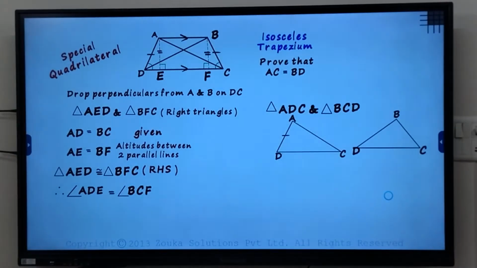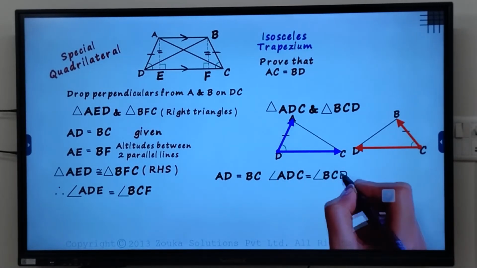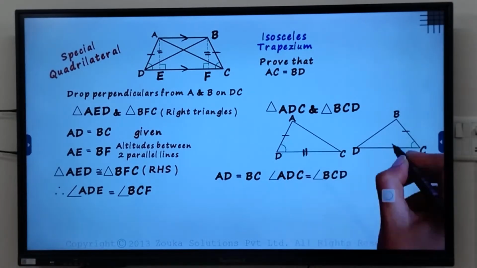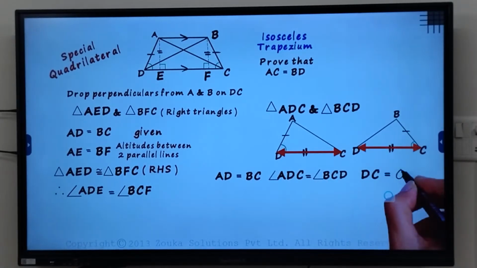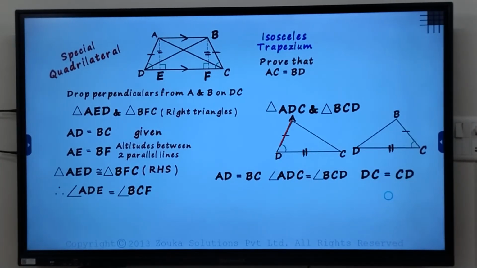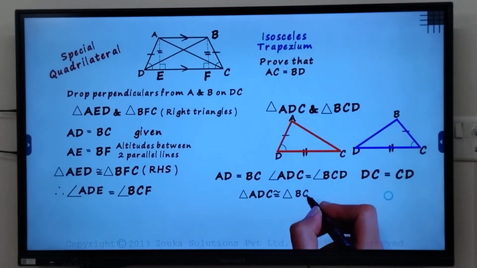Side AD is equal to side BC, so we write AD is equal to BC. This angle is equal to this angle. Angle ADC is equal to angle BCD. This is actually the common side to both triangles. DC is equal to CD. So triangle ADC is congruent to triangle BCD.